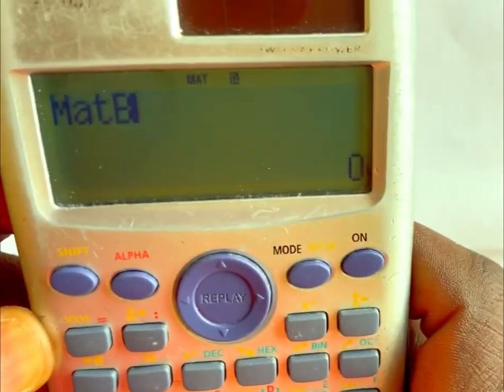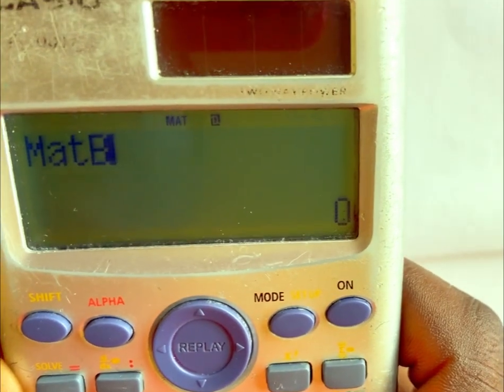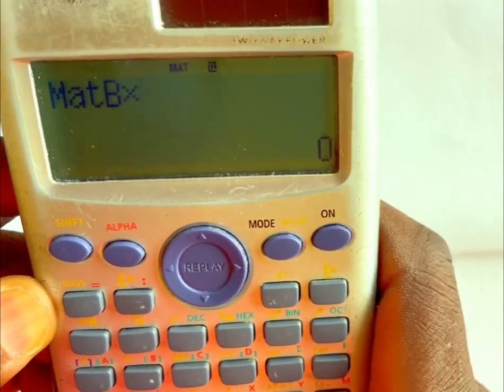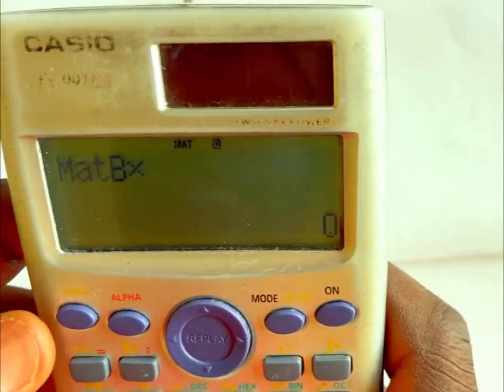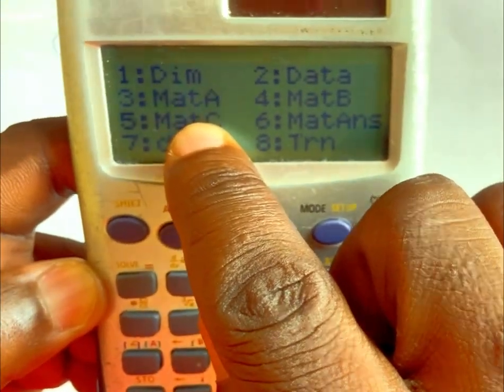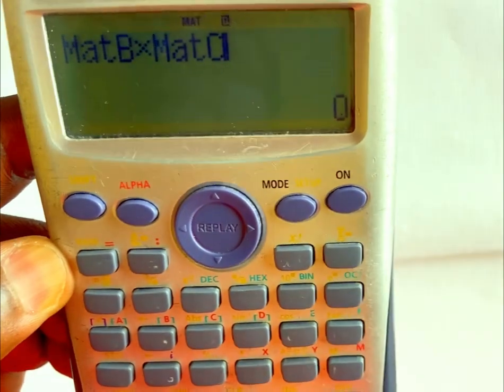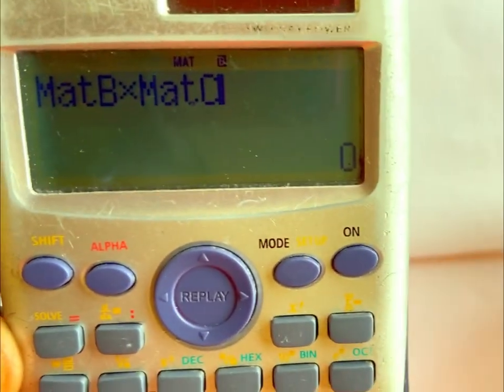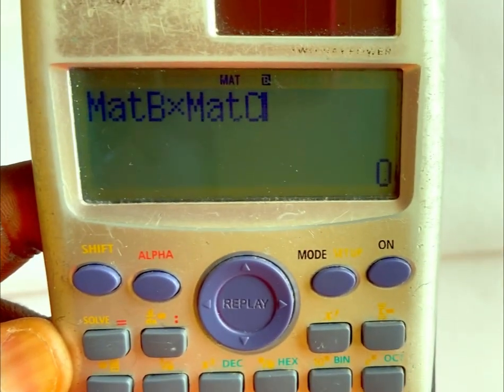After pressing 4, it will bring mat B. Then I'll press the multiply sign. Then again shift 4, and I'll move to my mat C, which is 5. I'll press 5, which gives mat B times mat C. Then I'll press the equal sign.